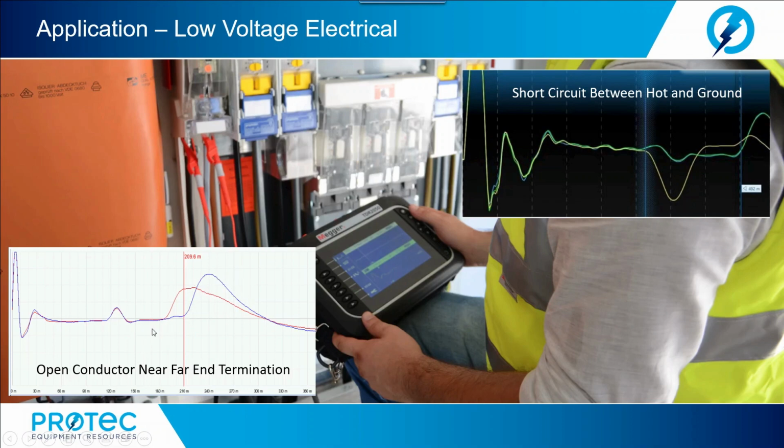On the faulted line, we would see the high resistive splice, but we would see an open circuit before reaching the end of the cable, so we can conclude that there is an open conductor before we reach the termination.